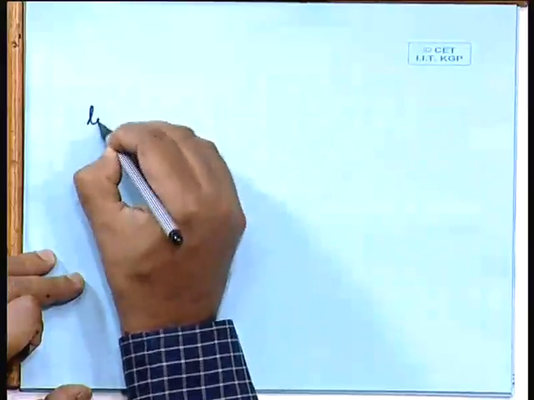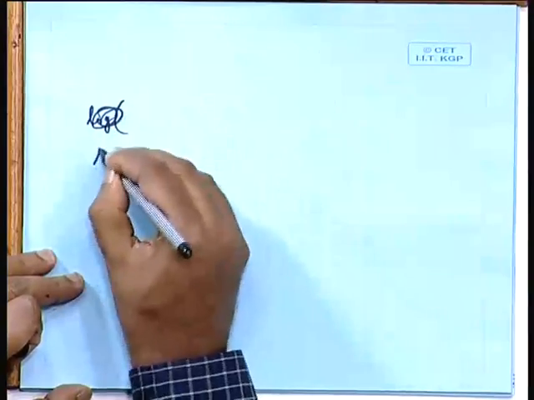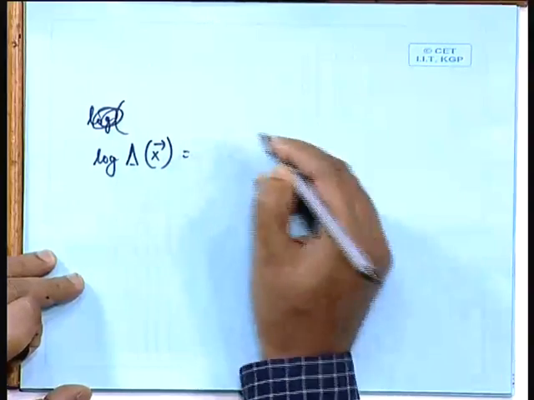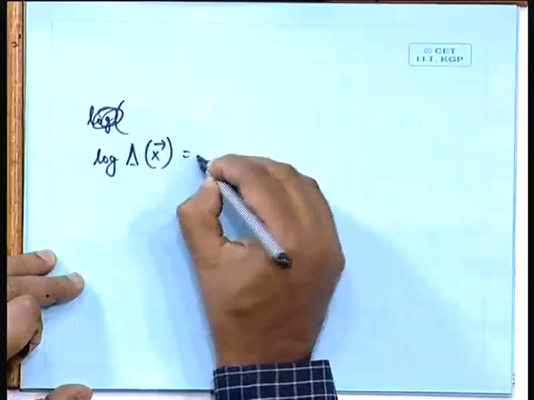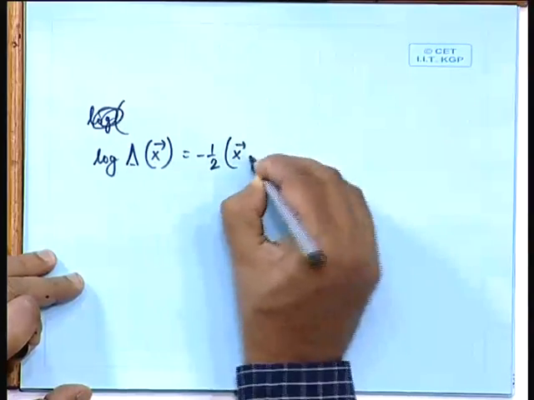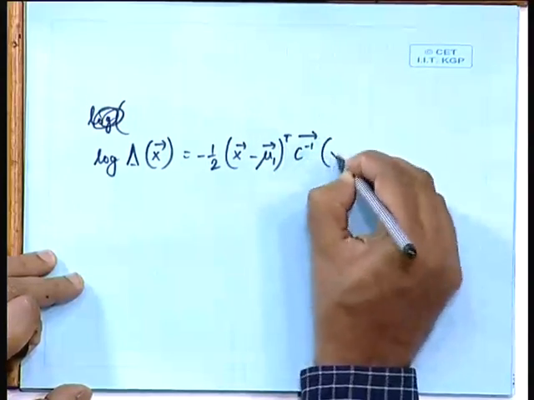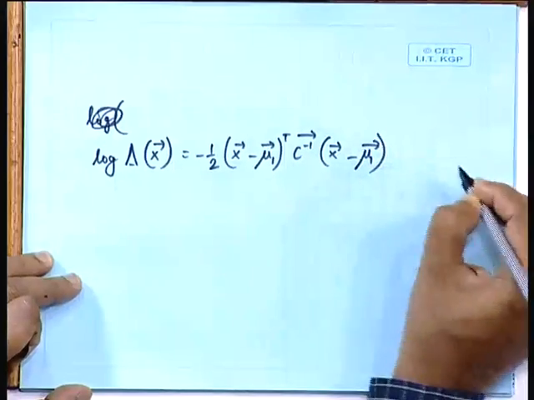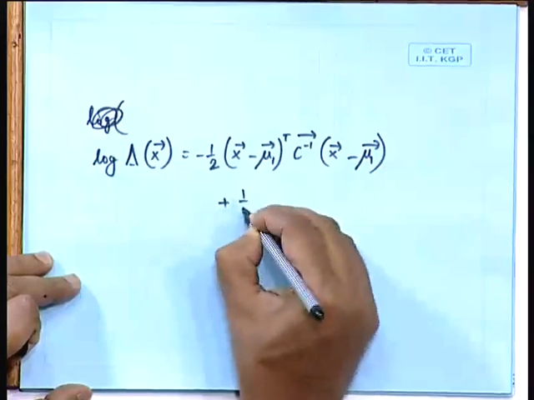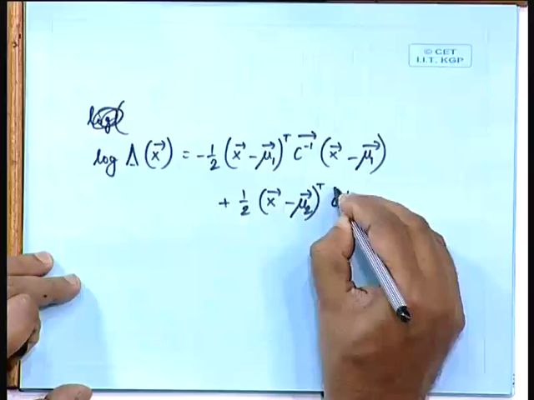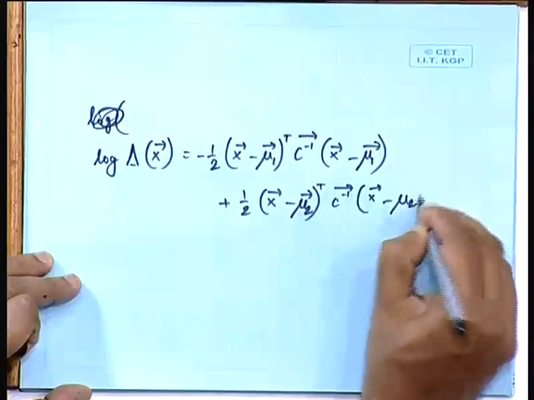So, if we take the natural logarithm of the likelihood ratio, we can write down this expression directly: log lambda x vector, that is the log likelihood ratio, is equal to minus half of x minus mu 1 transpose C inverse x minus mu 1, plus half of x minus mu 2 transpose C inverse x minus mu 2.